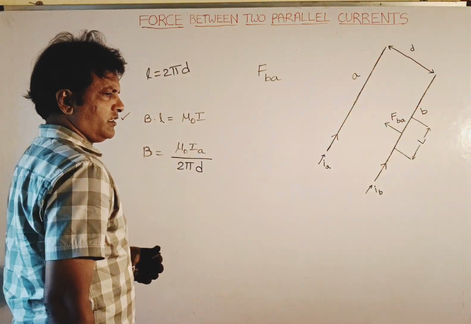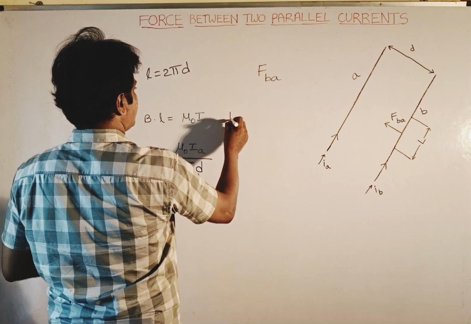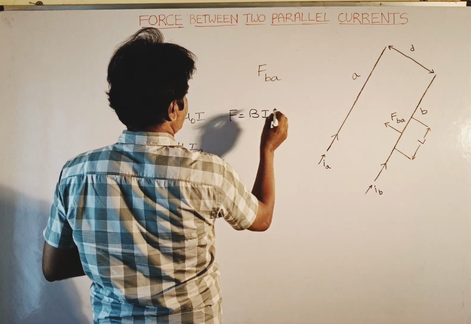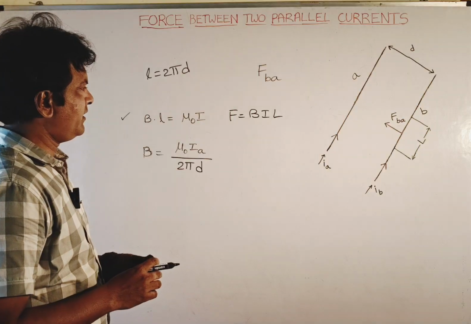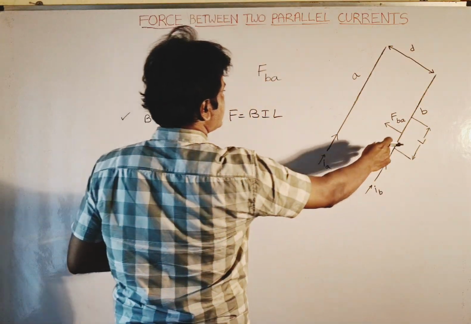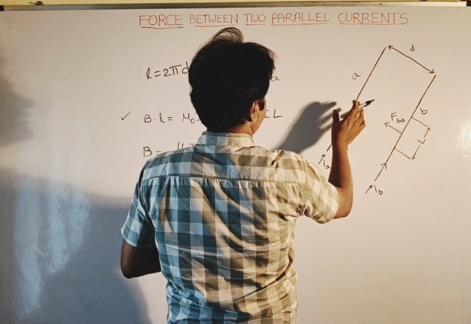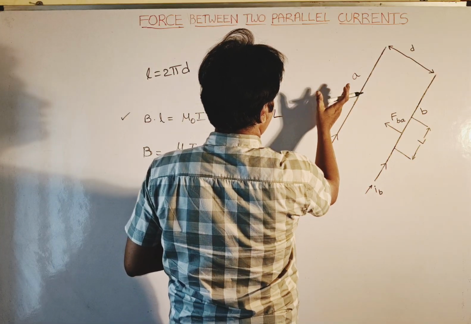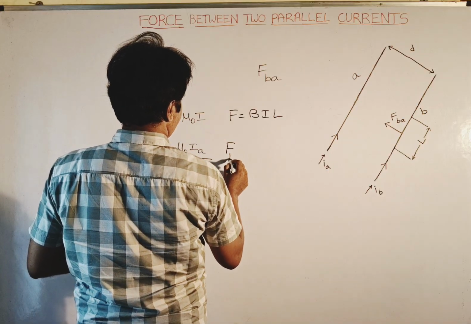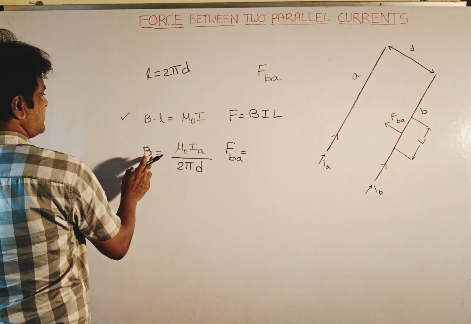So what is the force acting on B due to the magnetic field generated by A? This is the magnetic field generated by A. We know that a conductor experiences a force equivalent to BIL. Okay, so the force experienced by this conductor B due to the magnetic field generated by the current passing through the conductor A is given by FBA is equal to, the magnetic field is this one.